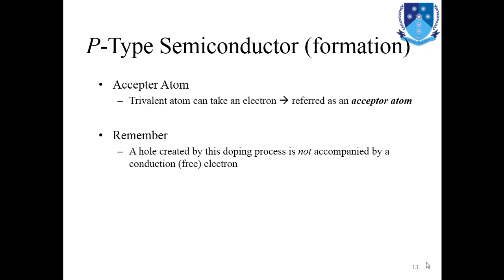Remember that a hole created by this doping process is not accompanied by a conduction free electron, meaning that the hole created due to the doping process is not associated with a free electron or a conduction electron.